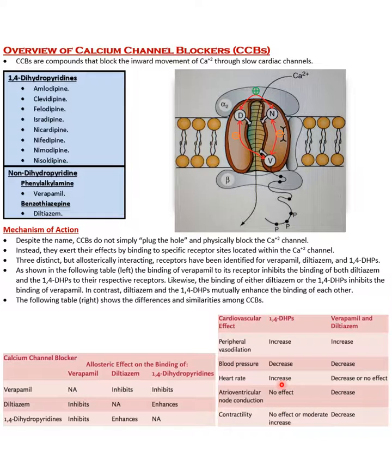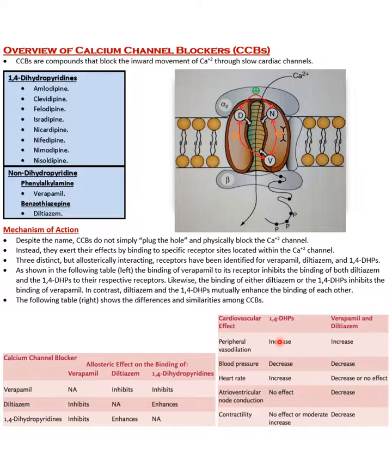And the reason these 1,4-dihydropyridines increase the heart rate and may increase the contractility, the force of how the heart contracts, is due to the sympathetic reflex. In other words, it's due to what's called reflex tachycardia.